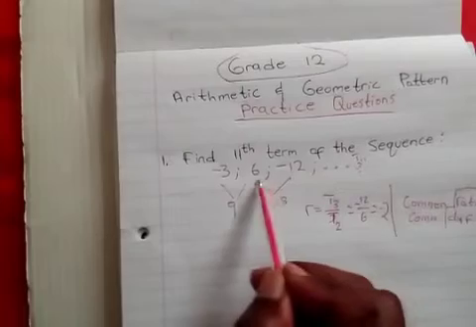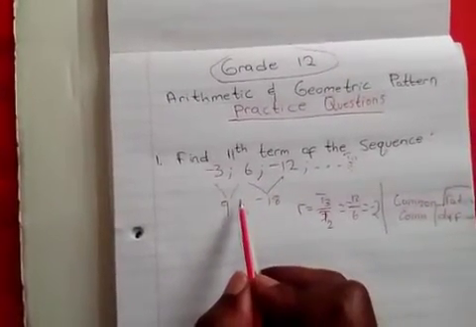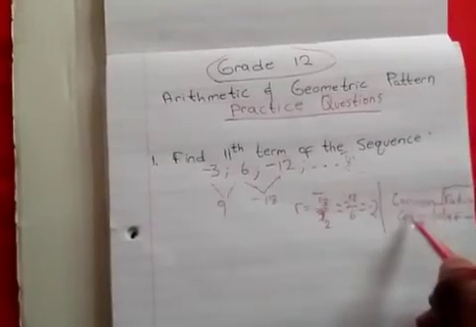That is the ratio of term number 3 and term number 2. Remember, we are finding a common ratio.